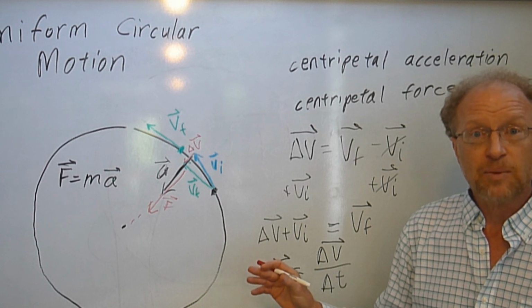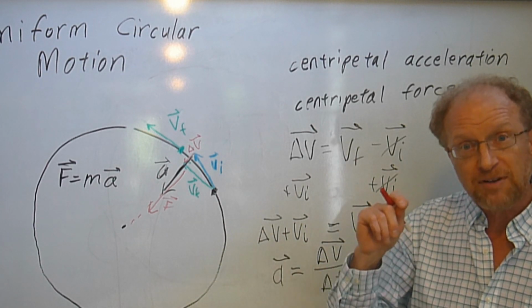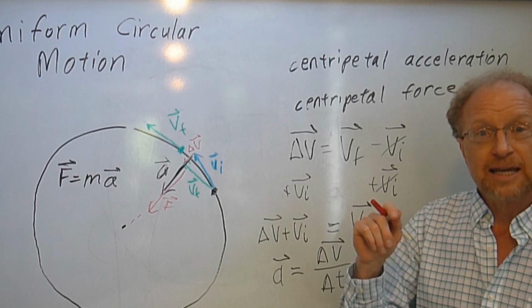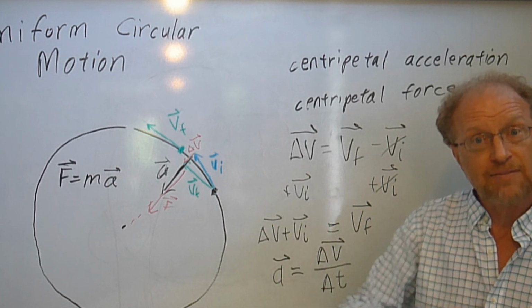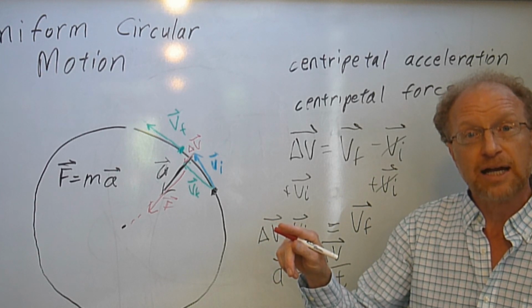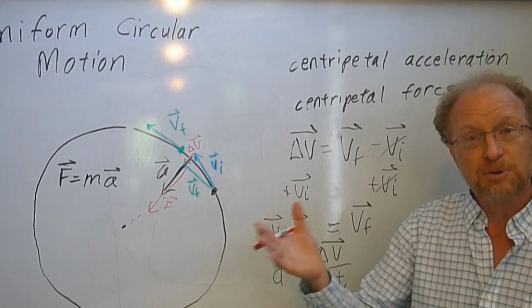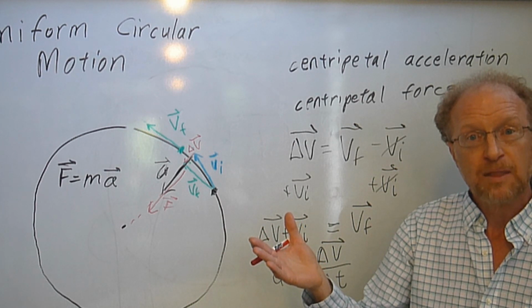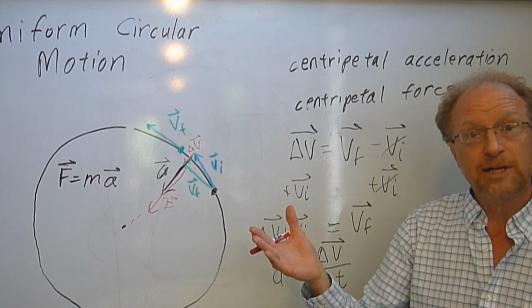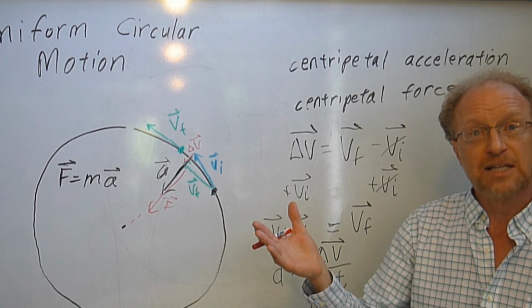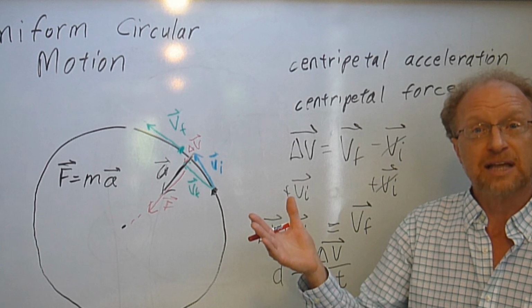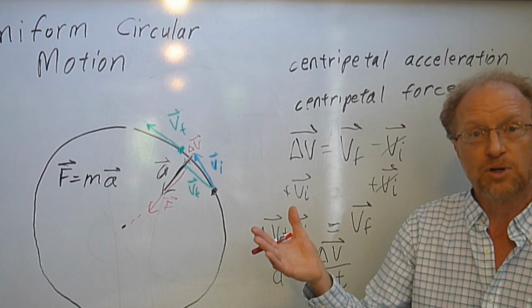So in the case of the eraser, the string is providing the centripetal force. In the case of a race car driving in a circle around a circular track, the centripetal force is provided by the friction between the wheels and the pavement. In the case of the moon orbiting the Earth, it's the gravitational force from the Earth that's providing the net force that is the centripetal force.